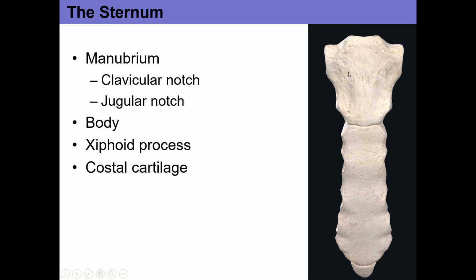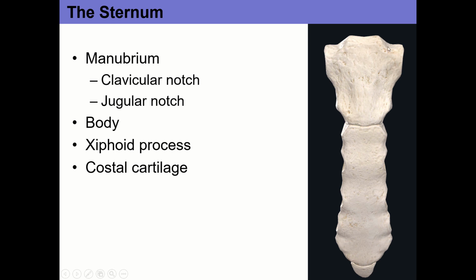It has a couple of landmarks on it. It has two clavicular notches, one on the right and one on the left. Again, I know it's the left side looking at the picture, but it's on the model's right. So this is the right clavicular notch there, and then there's the left clavicular notch.